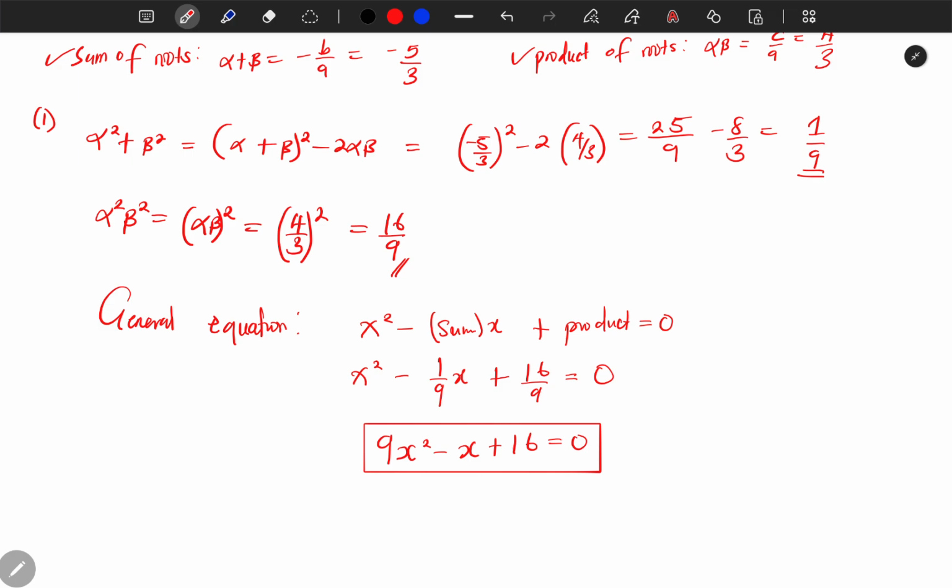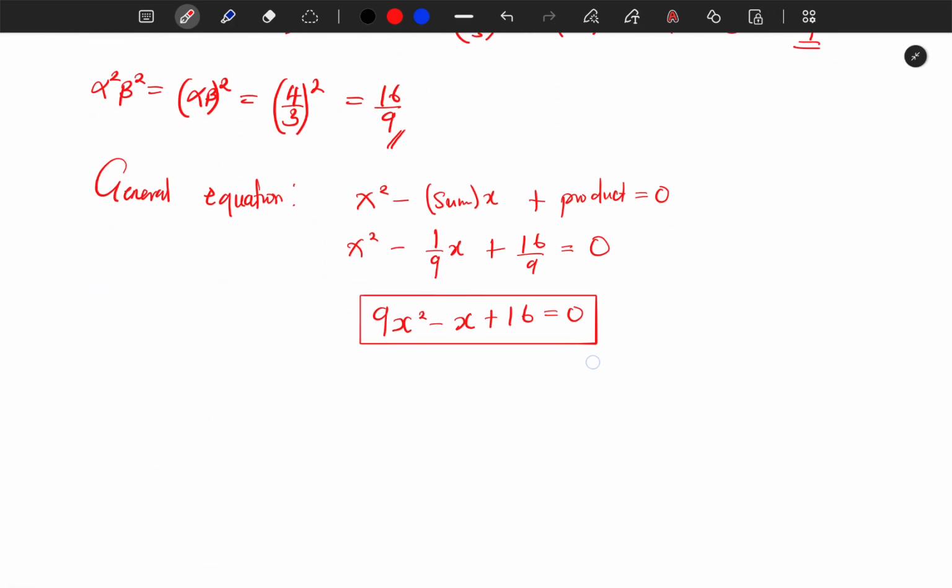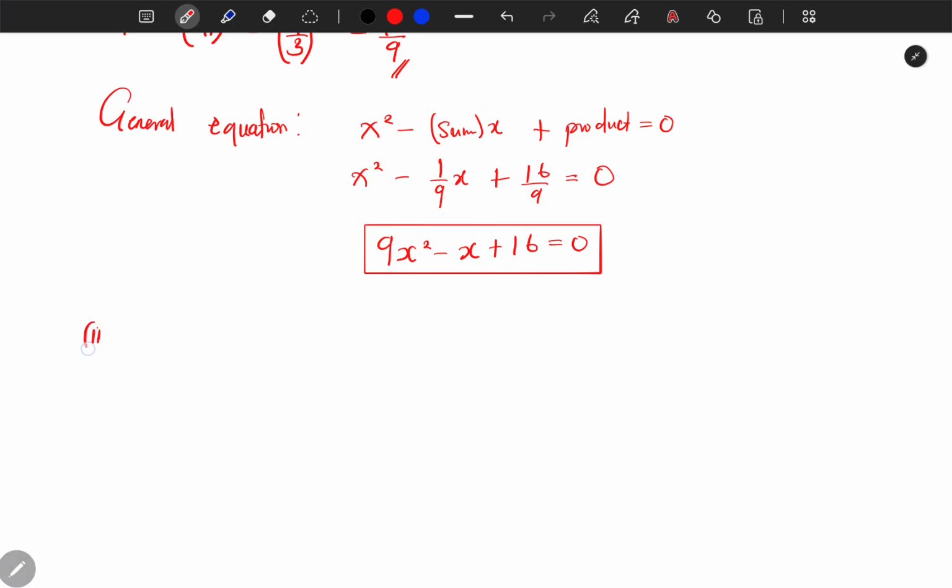Done and dusted. We can do the same for the one whose roots are these. So for 2, we are going to find the sum as usual. We are going to find the sum of this friend of ours. The sum will give us alpha squared plus beta squared, if you work out the fraction properly, over alpha beta.